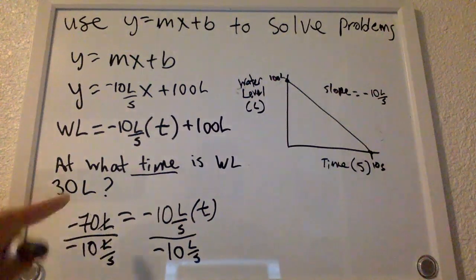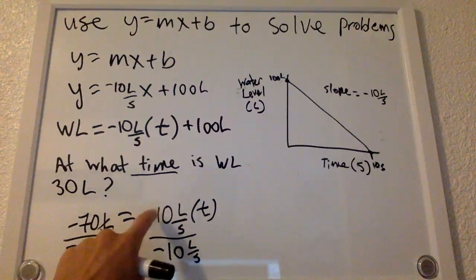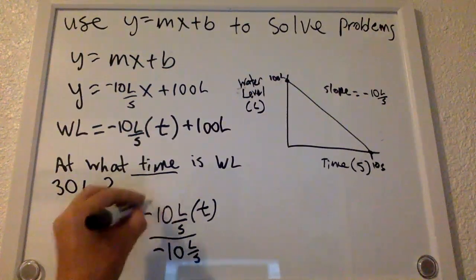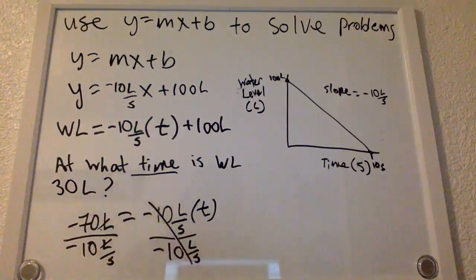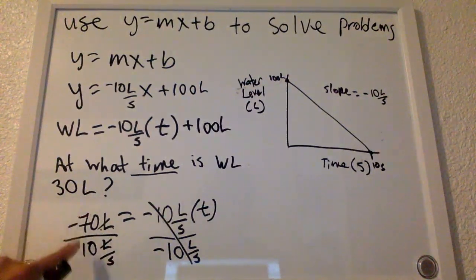All right, so first thing to note is that this -10, why we did this is to get rid of them. If I have the same thing on the top as the bottom, that cancels, and that gets t by itself. Now over here, I've got negative divided by negative. Those negatives cancel.